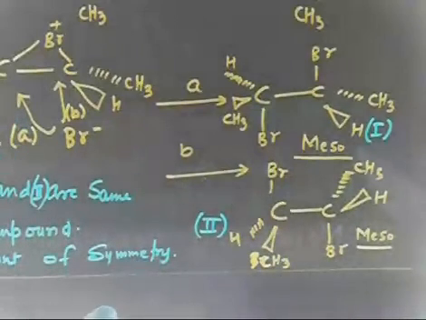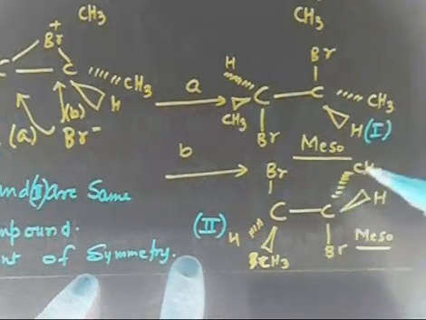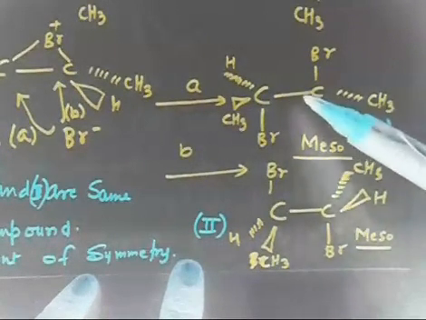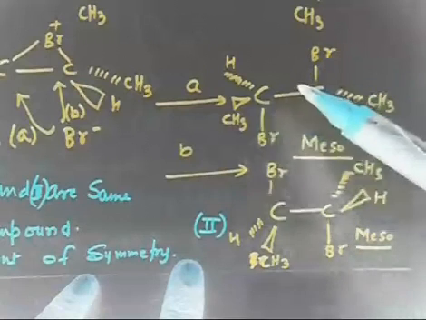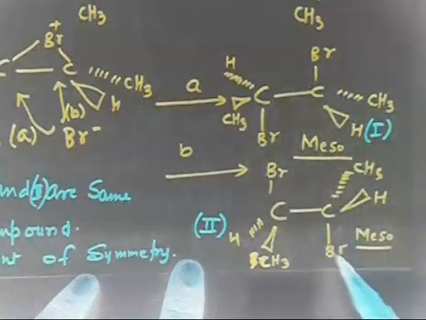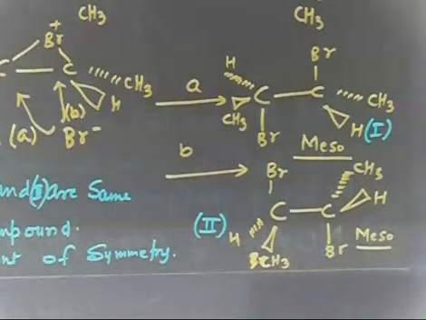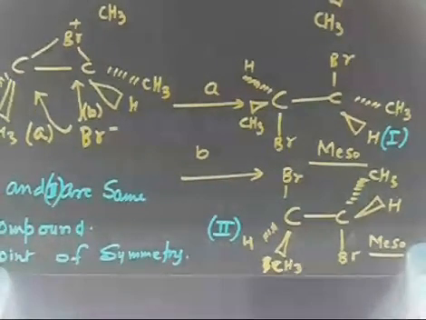Now you see, these two compounds are basically the same compound. These two, 1 and 2, are meso forms. You can see the point of symmetry here: Br, Br, CH3, CH3, H, H, same thing here. Br, Br, hydrogen, hydrogen, CH3. So these two compounds have a point of symmetry. If you want, you can write the Newman projection formula for this compound also, and then you can prove that these two forms are meso forms.